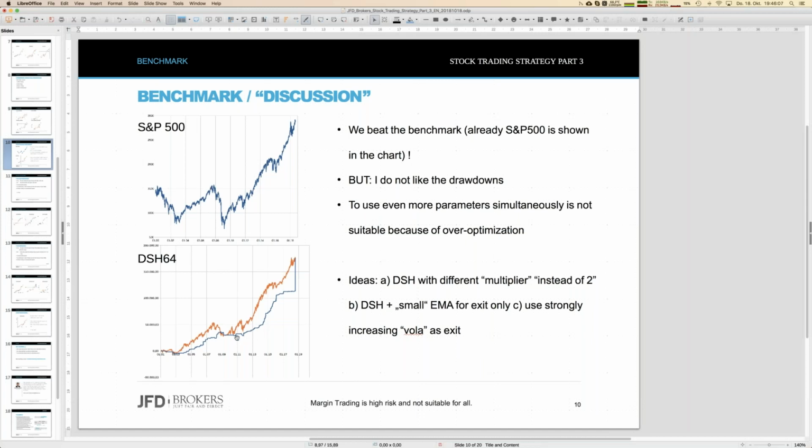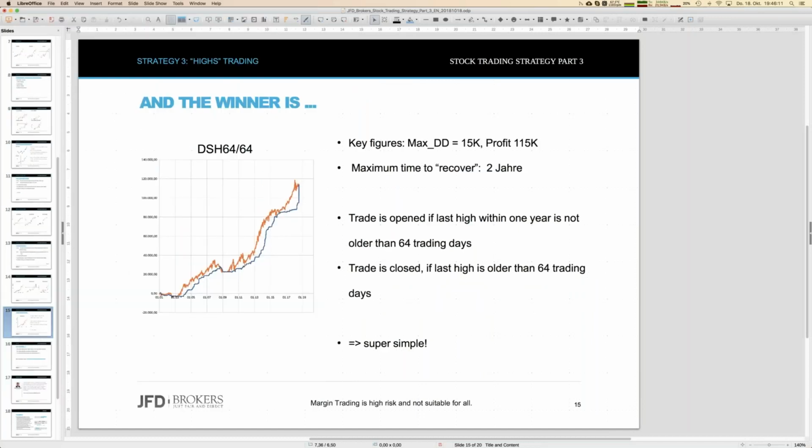And here you still see the old one and now the new one with days since high 64. Now we have only 2 years. A profit multiplier of 7, profit compared to drawdown, and time to recover only 2 years.